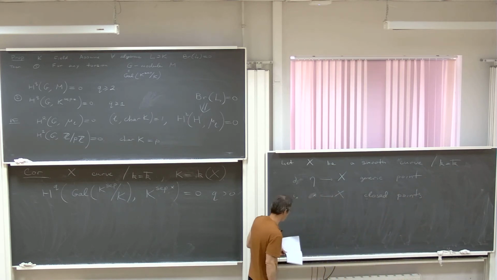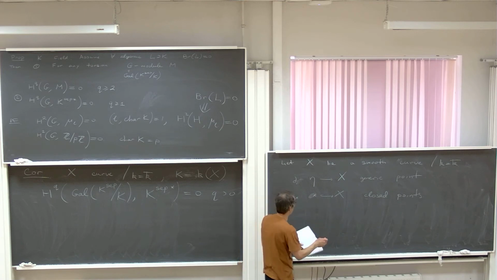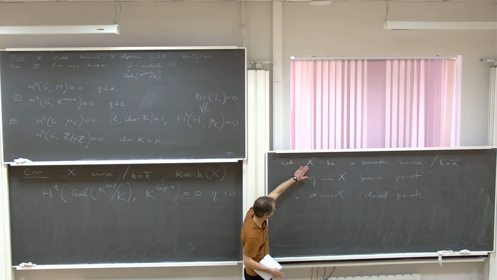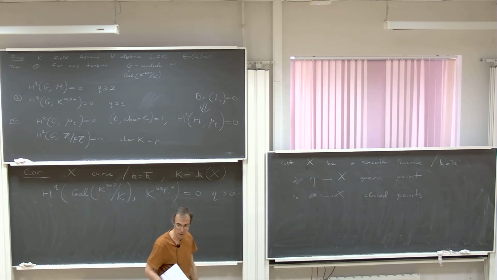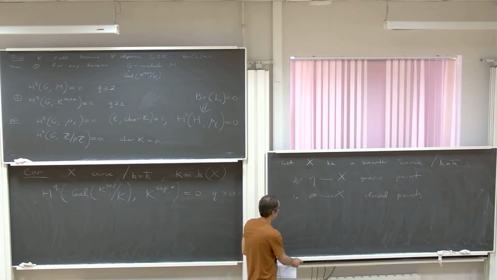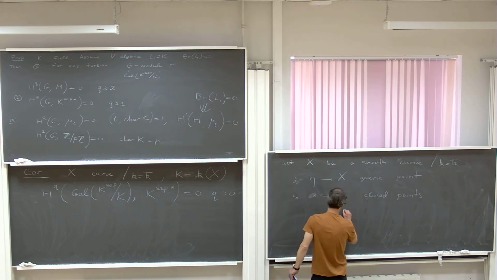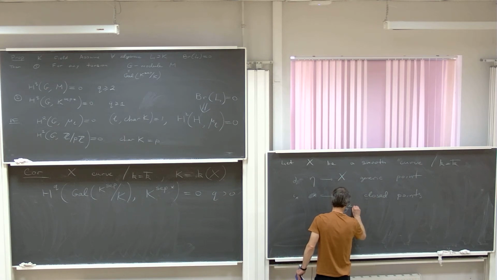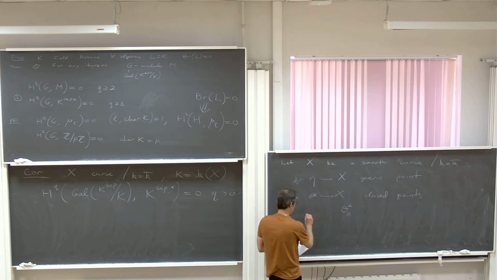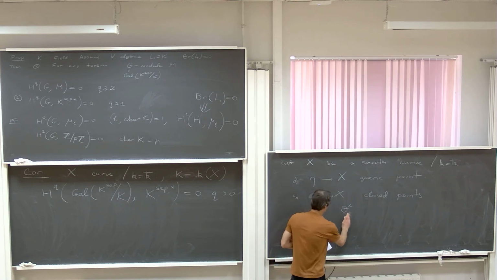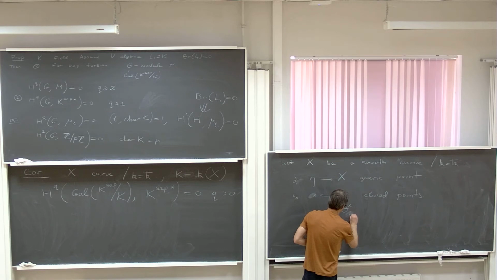And then the idea is that I'm interested in homology of X. First, I will show that homology of X with coefficients in O star all vanish starting at degree 2. And for this, I look at the following short exact sequence. Let's take the sheaf of invertible functions on X. Let's take its generic point eta.